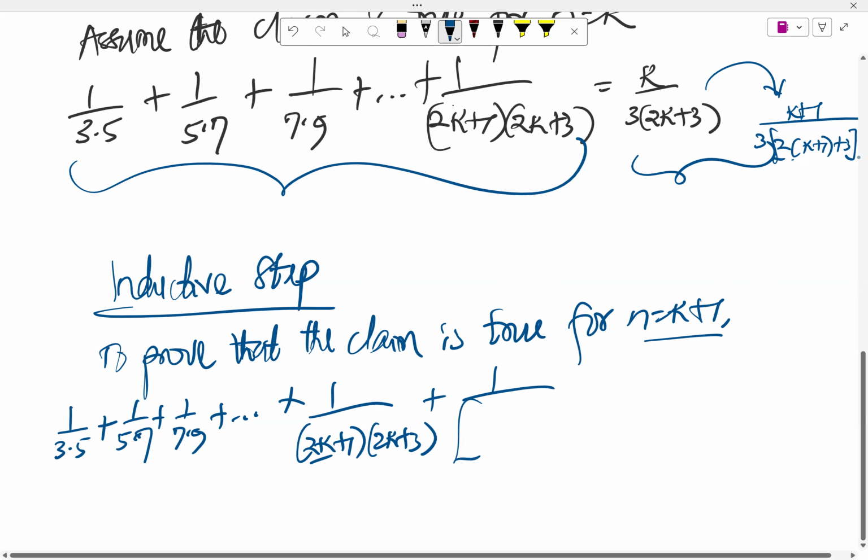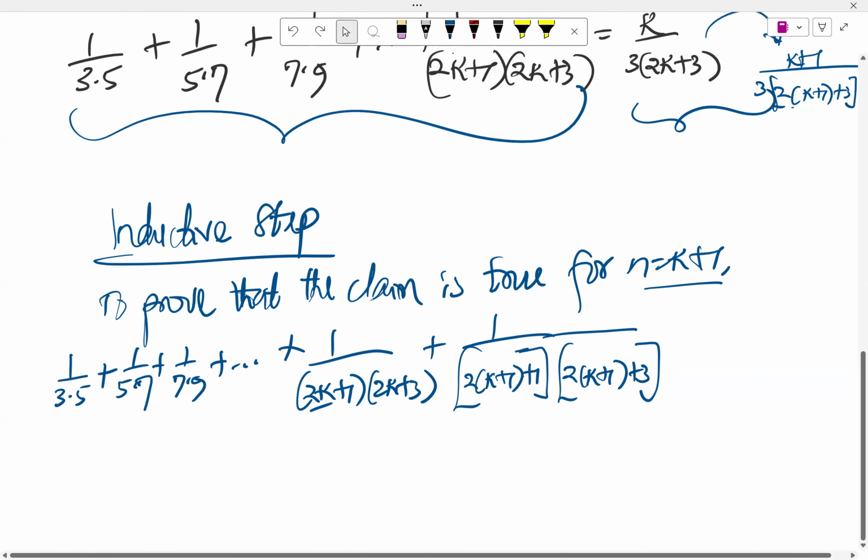So for 2k, it means you have 2 into k plus 1 in brackets, then into 2 into k plus 1 plus 3 in brackets, and that is equal to k plus 1, not k plus 1 yet.